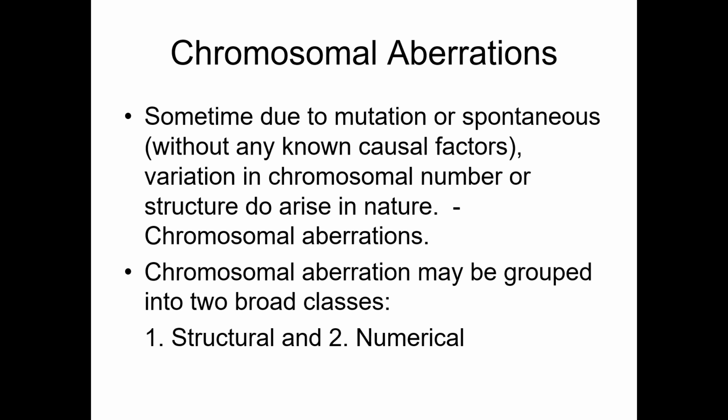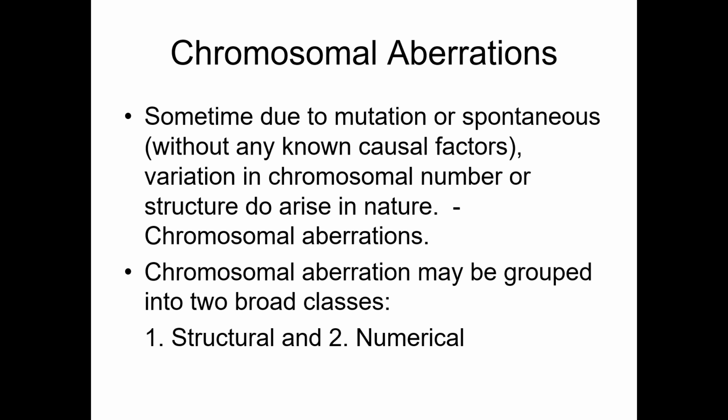Now, with this background, let's try to study chromosomal aberration, the variation. Sometimes, due to mutation or spontaneous variation, without any known causal factor, variation in the chromosome number or the structure of the chromosome arises in nature.